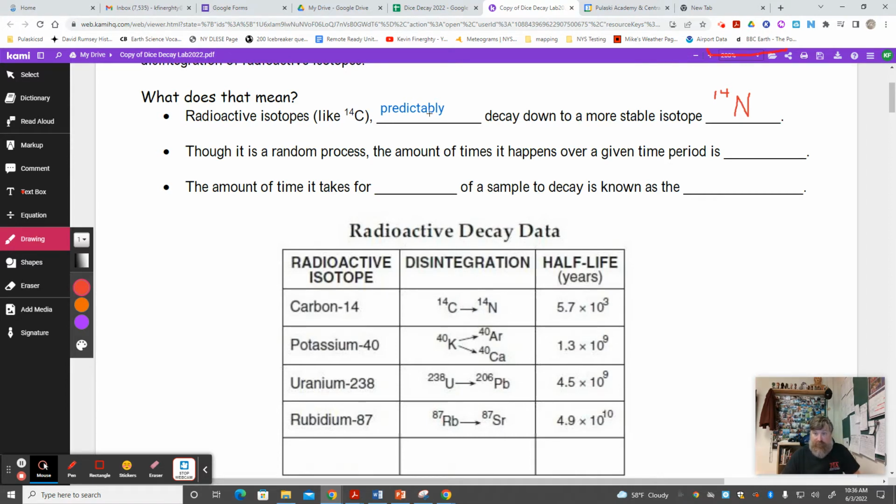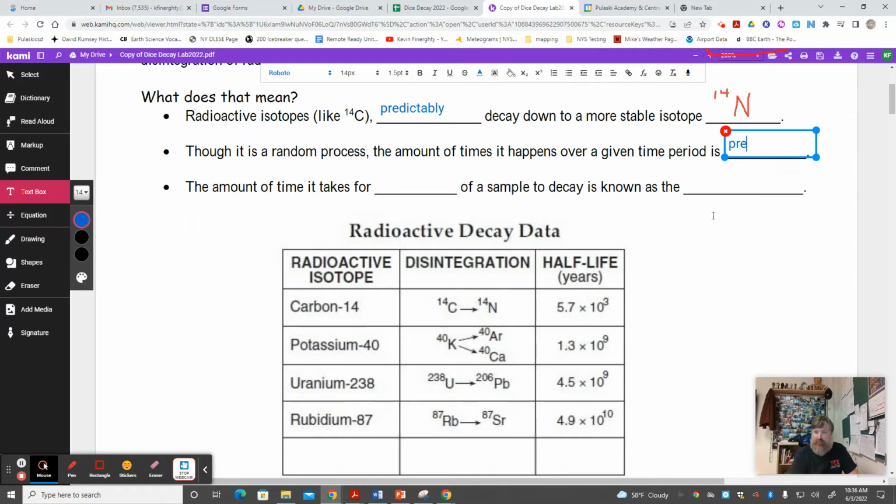But it predictably happens. Although any individual one is a random process, just like rolling a die, the number of individual decayed atoms that takes place over a given time period is predictable. What we look for is, what is the amount of time it takes for half of a sample to decay?